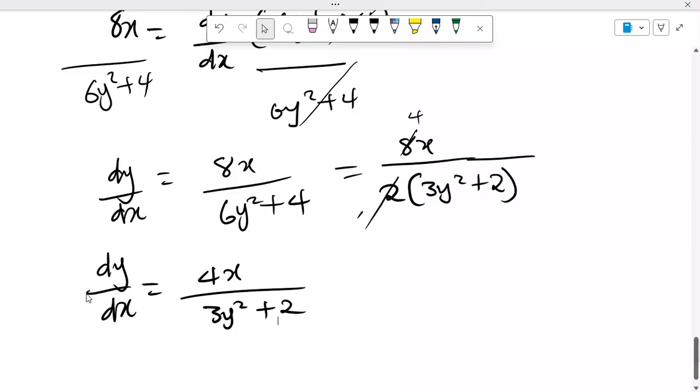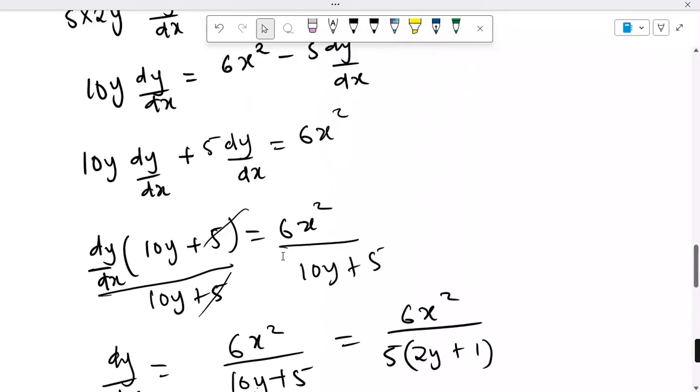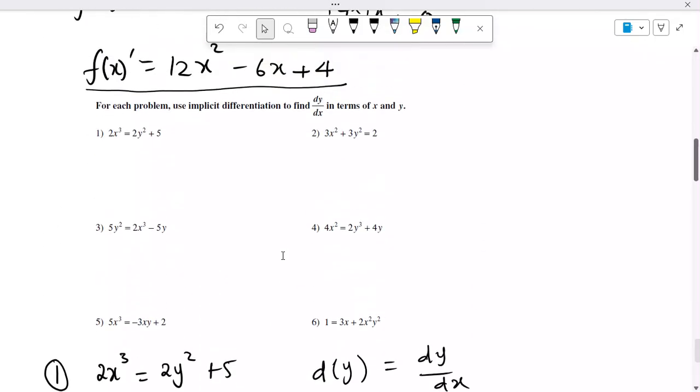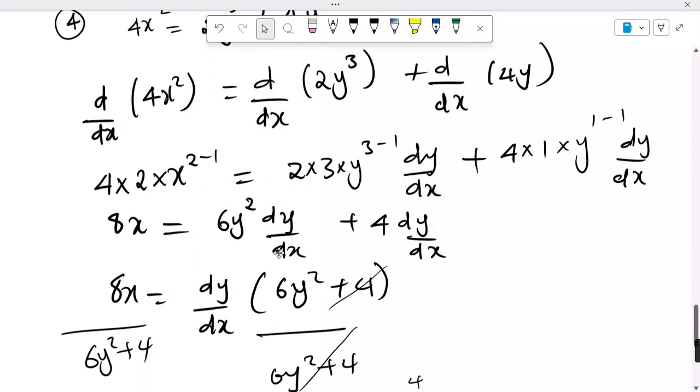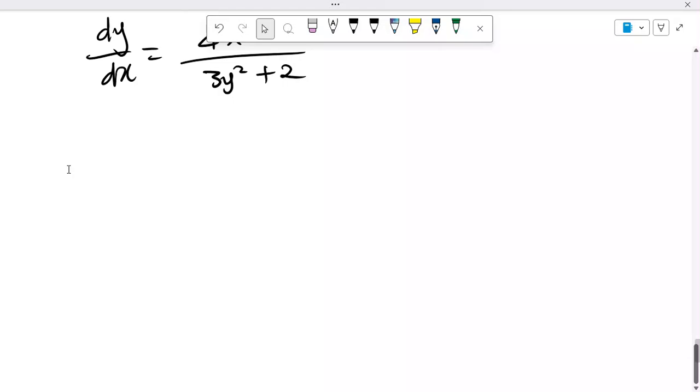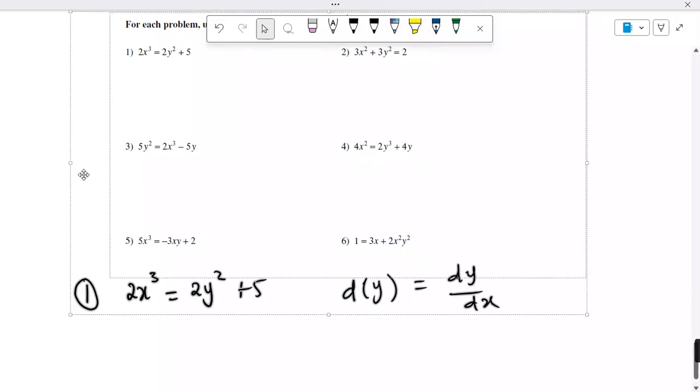Okay, great. So we continue. Number 5 is a little bit different, but we're using the same principle. For 5, we use the product rule now.